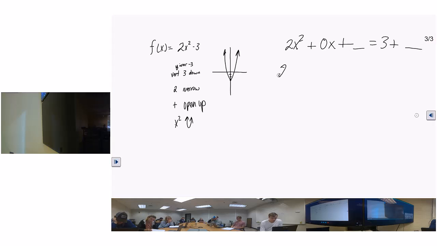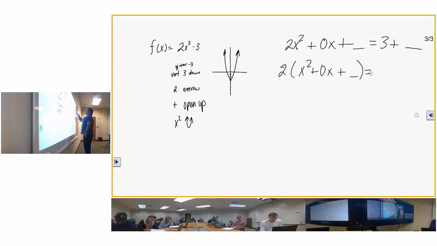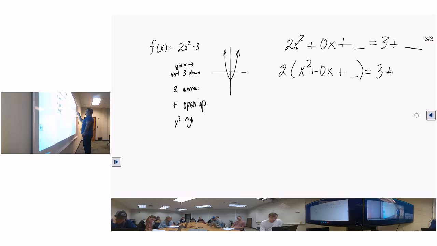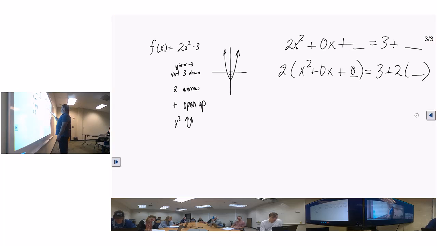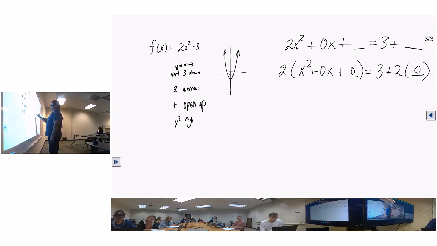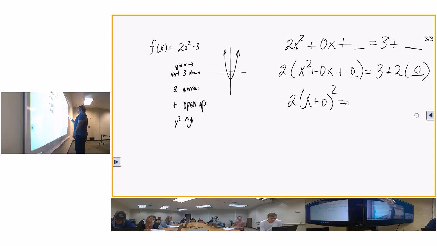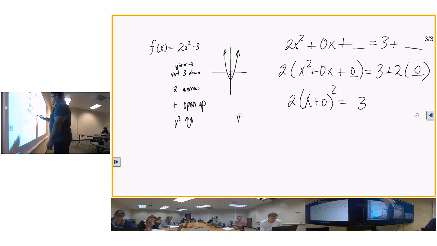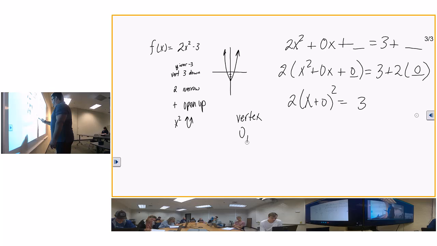Factor out a 2, x squared plus 0x plus blank is equal to 3 plus 2 times blank. Half of 0 is 0. 0 squared is 0. So that's going to be 2 times x plus 0 quantity squared is equal to 3 plus 0 is 3. So we've got a vertex of 0, comma, -3.